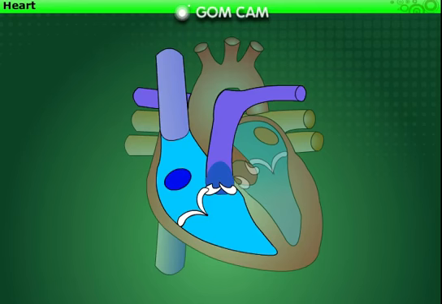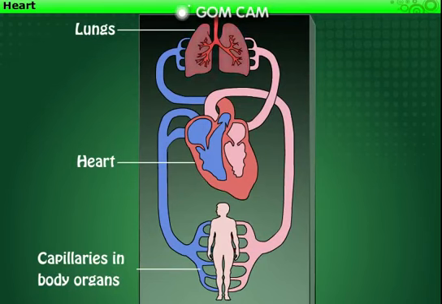Since ventricles have to pump blood into various organs, their walls are thicker than the atria. In the lungs, the carbon dioxide from deoxygenated blood is removed, and the oxygen-rich blood is again brought back to the heart. This whole process is repeated continuously.